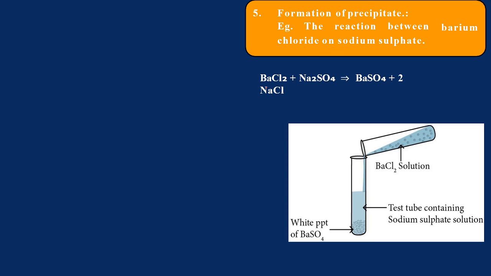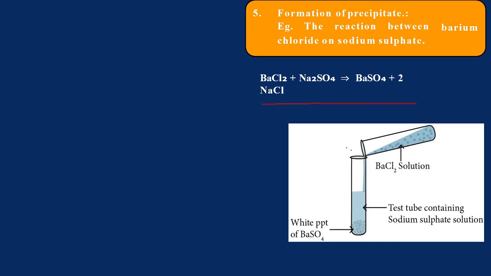Okay, so next going to the formation of precipitate. A very well known example is BaCl2 plus Na2SO4. BaCl2 is barium chloride, as we all know, and Na2SO4 is sodium sulfate, which gives you BaSO4, which is barium sulfate, plus 2NaCl, which is sodium chloride.